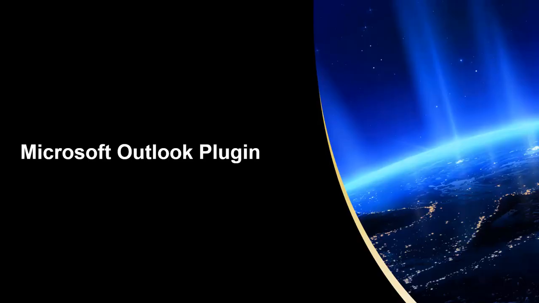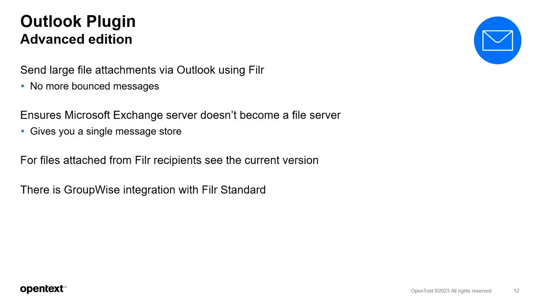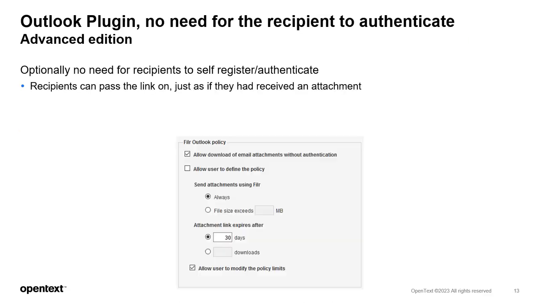Next is that we have the Microsoft Outlook plugin. This is very useful in that I can attach a pointer to a file in Filr rather than the actual file itself. So if I'm trying to send a large document to someone that's going to get bounced, I can just put a pointer to it from Outlook to the file in Filr. I've got options around that as well, where I can force people to have to authenticate.